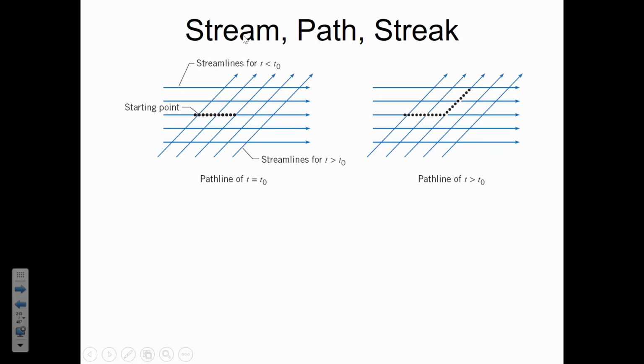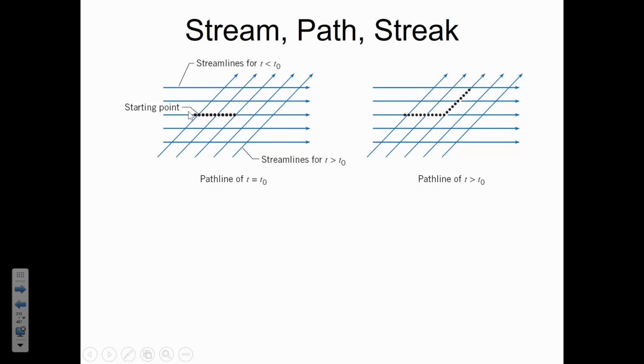So in this diagram, which is from your textbook, it's showing, first of all, the streamlines. We've got the streamlines before, which are flowing to the right, and then the streamlines after, which are up and to the right. And what this is showing is the difference between a path line and a streak line. So the path line is shown with these black dots.